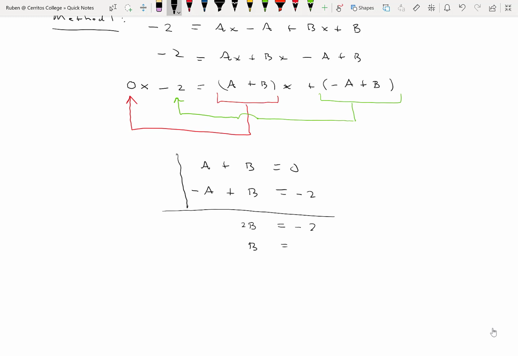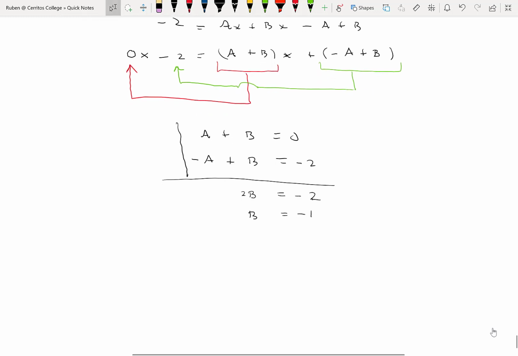I get 2b equals negative 2, which gives me b equals negative 1, and then I'll back substitute that negative 1 into the first equation, or the second one. So a plus negative 1 should equal 0, so a should equal 1.